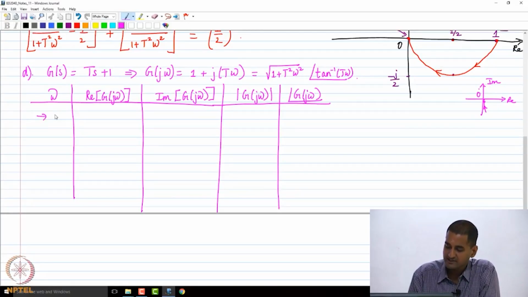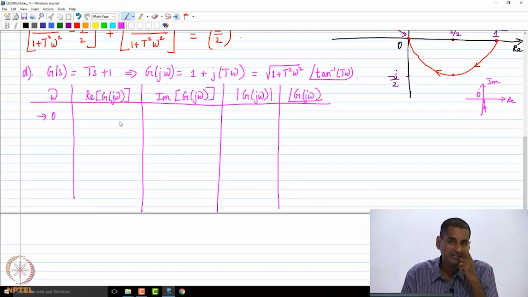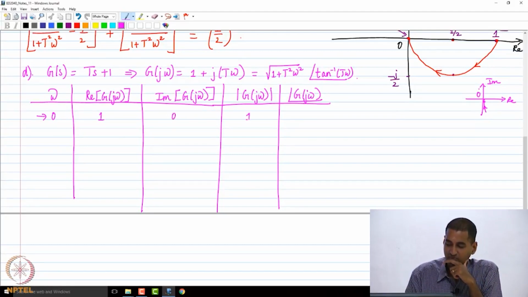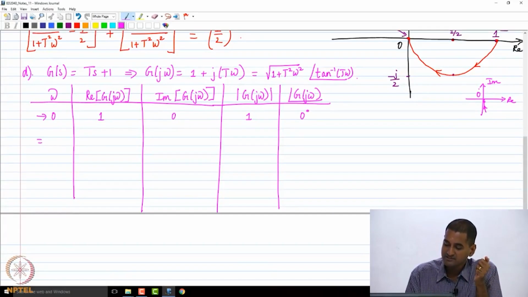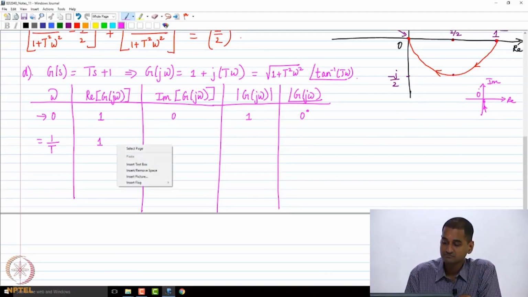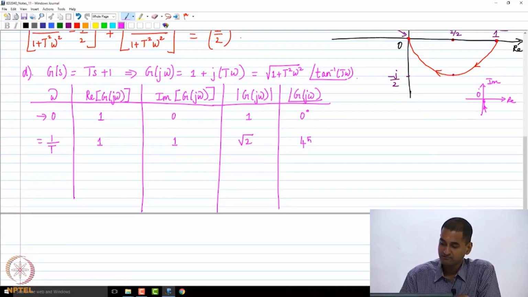Let's say as omega tends to 0, what happens to the real part and the imaginary part? 1, 0, 1, 0 degrees, right? The magnitude is 1, phase is 0 degrees. So at omega equals 1 by t, what happens? You will get 1, 1, root 2 and 45, correct?